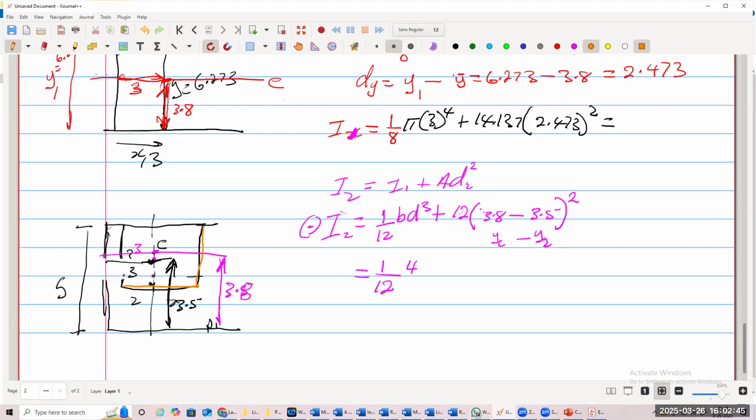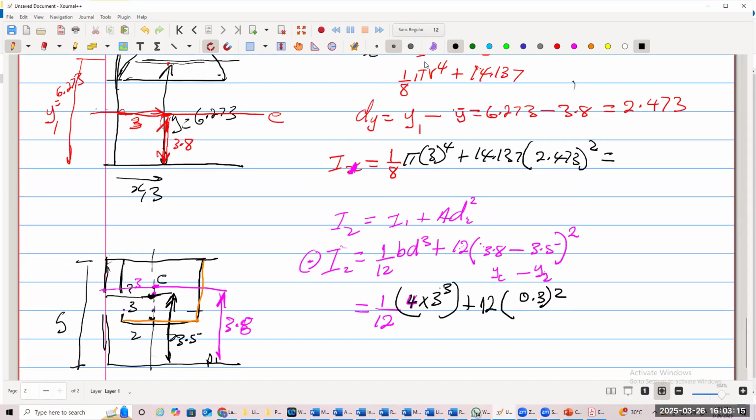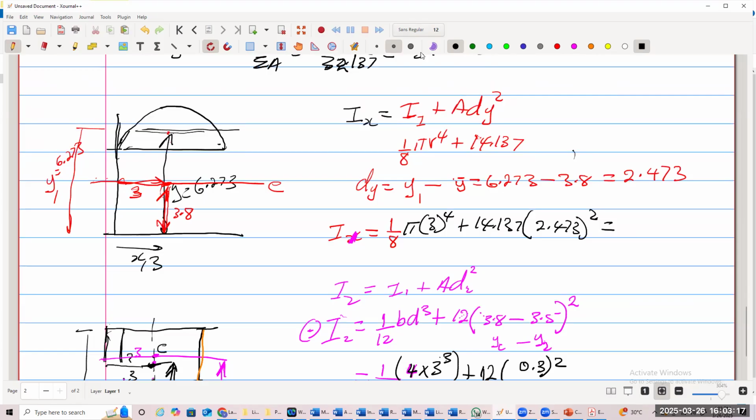So it's 4 times 3 cube, right, plus the 12. We use positive 12 still. What's the difference there? The difference is 0.3 squared. So that is the next one, and you can work out the last one. I'll leave the last one to you guys to work out.